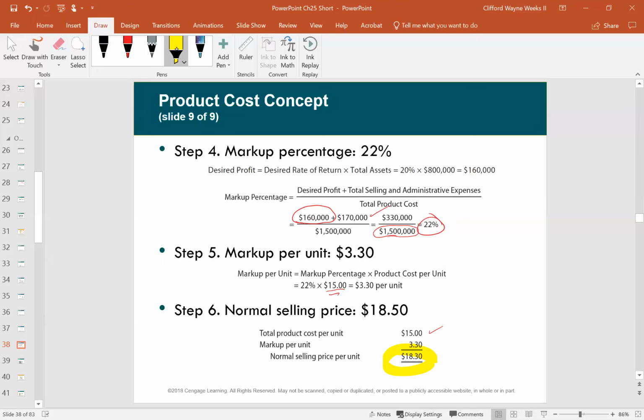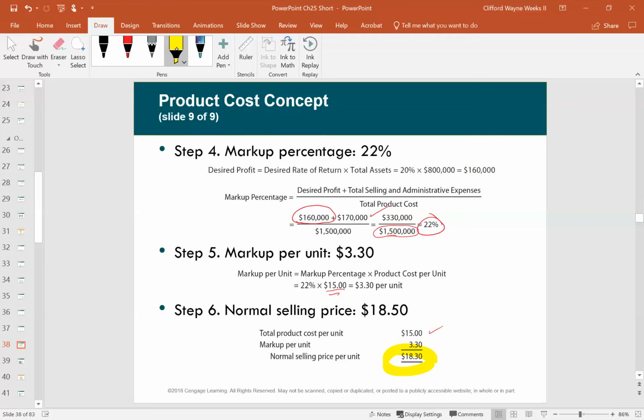Guess what? If you do the same calculations in the appendix using total cost, you come up with $18.30. If you do it based on variable costs, you come up with $18.30. It's not any kind of huge surprise because you're using the same numbers. It just depends on what's on the bottom and what's on the top.